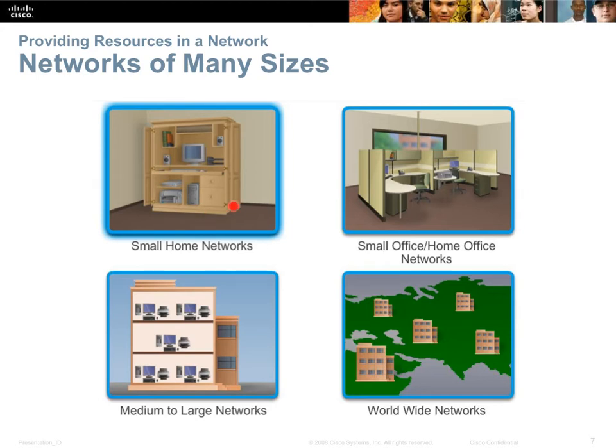But if you connect this small home with another house, or if you have a large office, then the design requires more sophistication. And if that office is in a building and you need to have a network that covers a building, then you have to have connectivity between the floors. So what types of technologies are you going to use, whether wireless or wired, and what cables are you going to use, what network devices are you going to use? That design has to be affected by how large your network is.